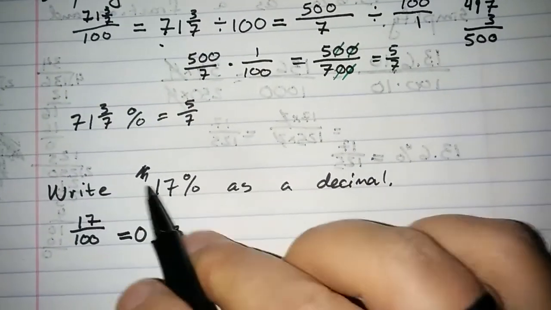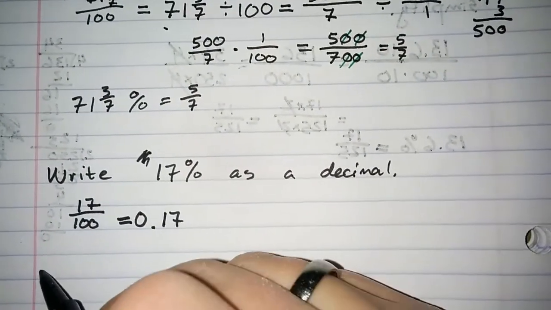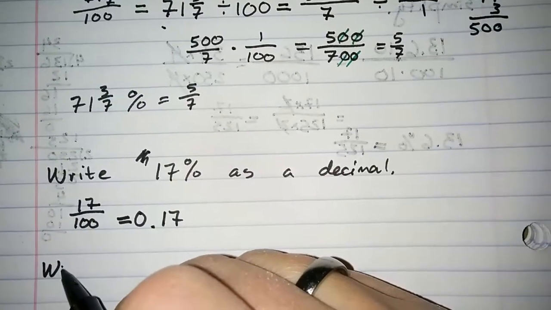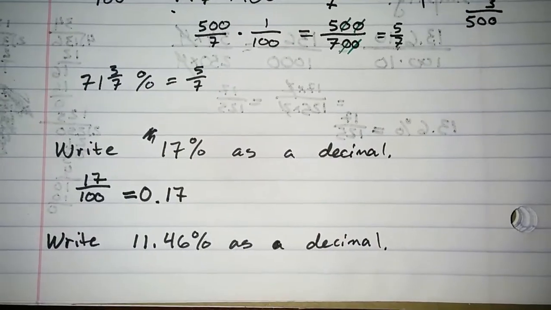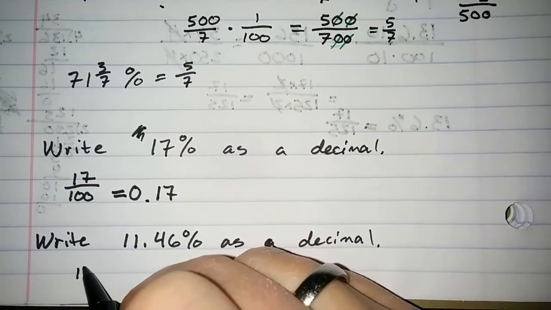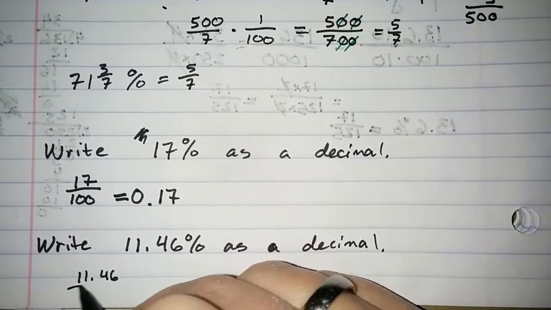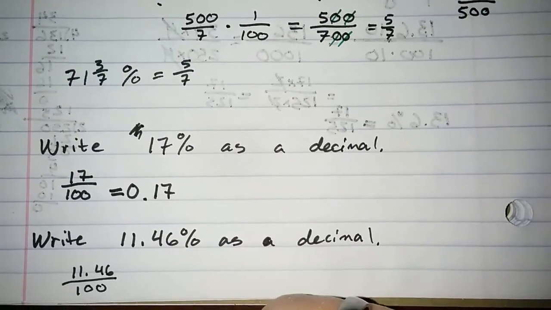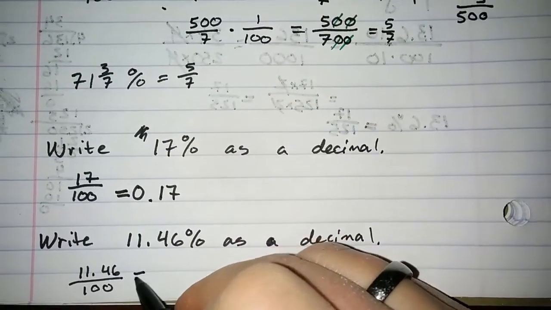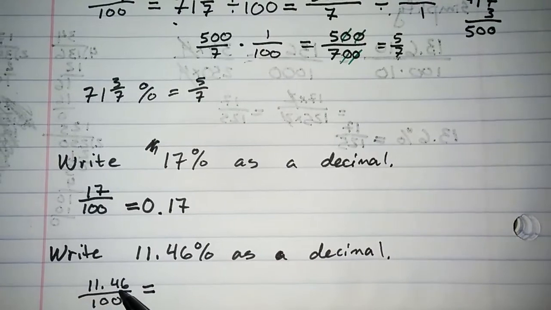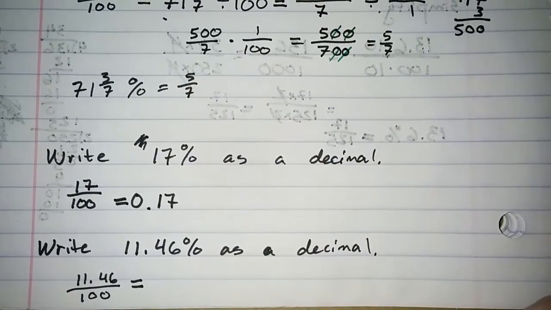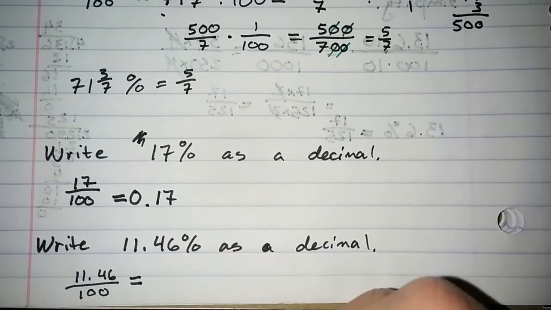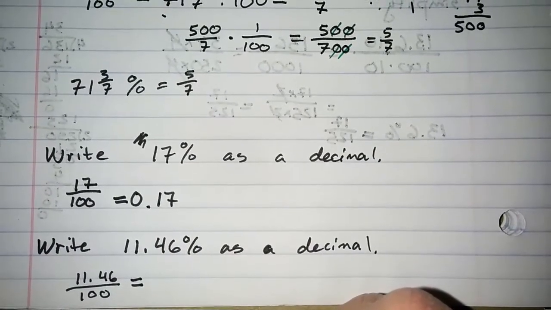What if I have something not quite as nice as 17? What if I want to write 11.46% as a decimal? Well, again, what it says on the box is 11.46 over 100. If we think of this as division, we're going to have 2 more zeros in the denominator of this decimal fraction.